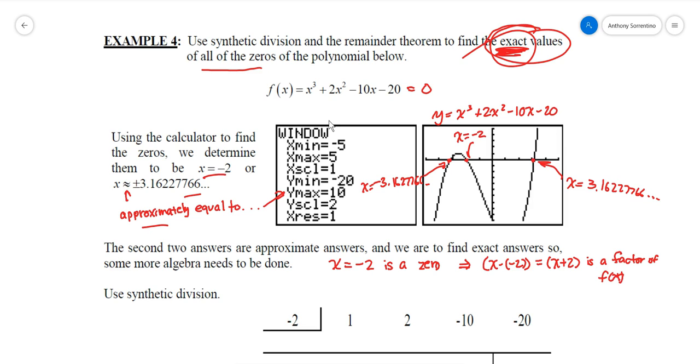Since I know it's a factor, I should be able to divide it out, get another expression, that's the quotient, that has a remainder of 0.